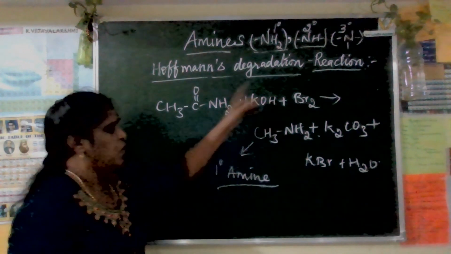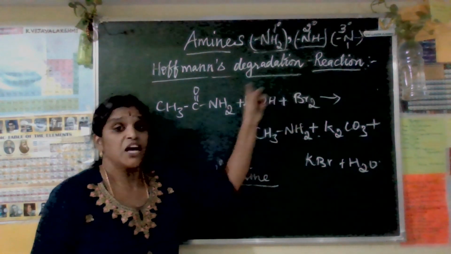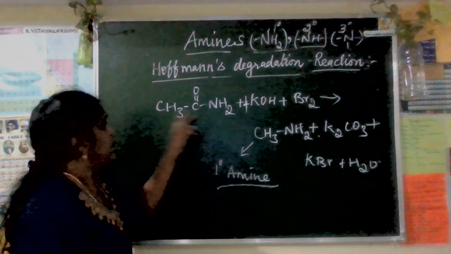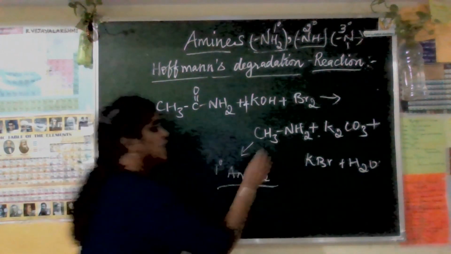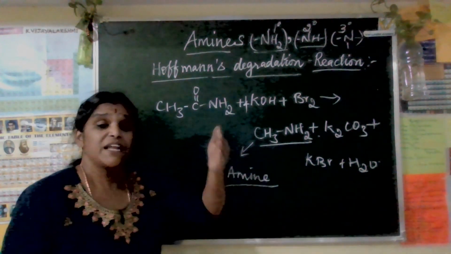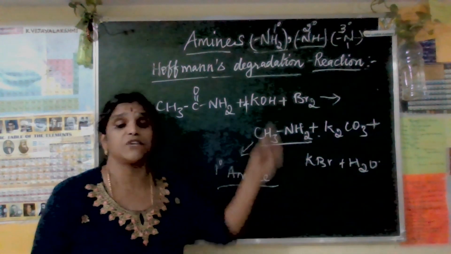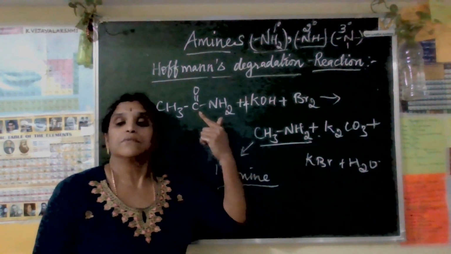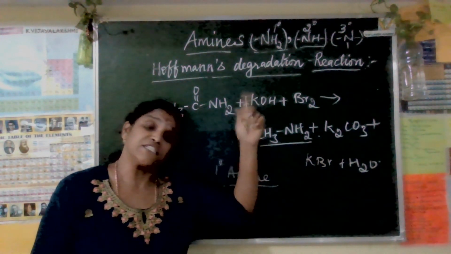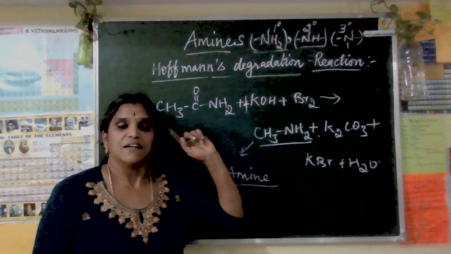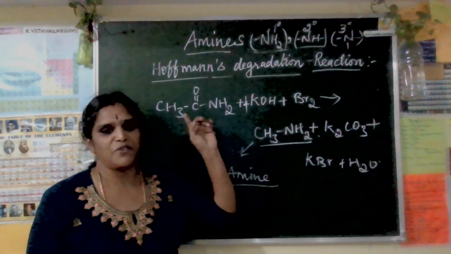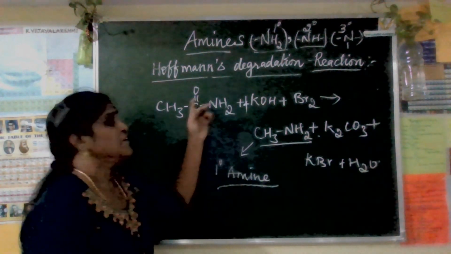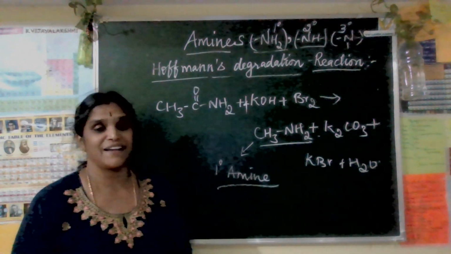Hope you're clear. Now, hope you understood what degradation is: removal of carbon. Here 2 carbons are available, but here only 1 carbon is available. So the number of carbons is decreasing. In the number-of-carbon-increasing method, we use cyanohydrin, that is the cyanide group, whereas for decreasing the number of carbons, we go for Hoffmann's degradation.